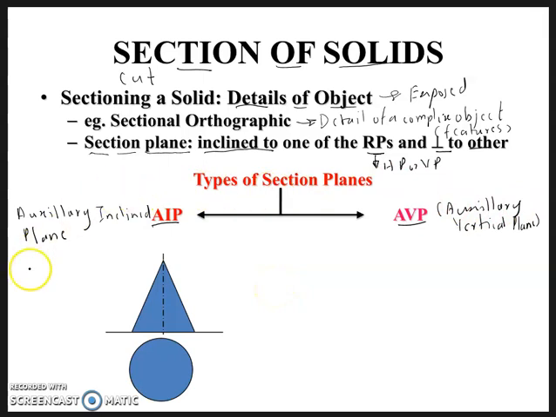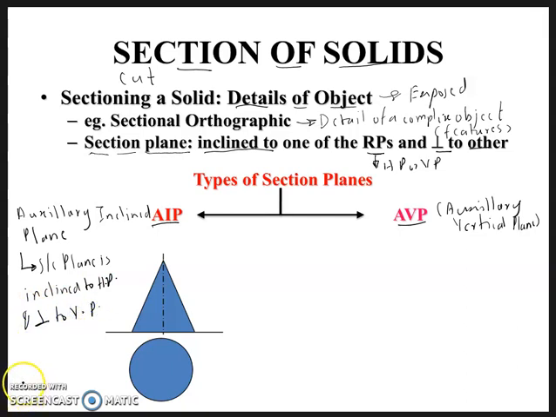When you say auxiliary inclined plane, this section plane is inclined to HP, horizontal plane, and perpendicular to VP.